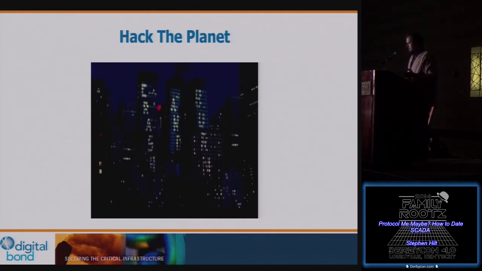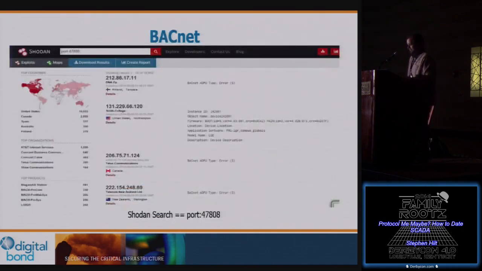So once again, this was one of the first scripts we released. We worked with John Matherly at Shodan, a great friend of mine, and we had him help scan the internet for it. If you search port 47808, you'll find roughly 15,000, 10,000 of which are in the U.S.